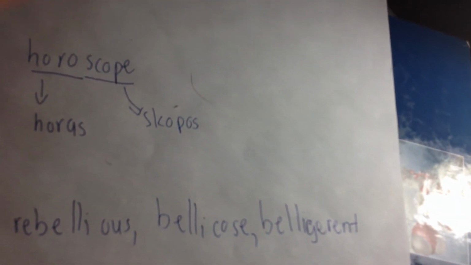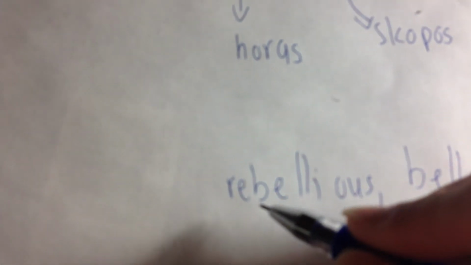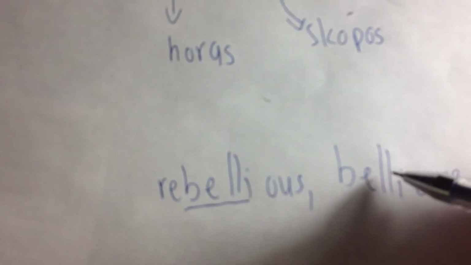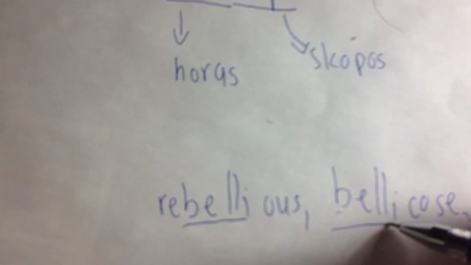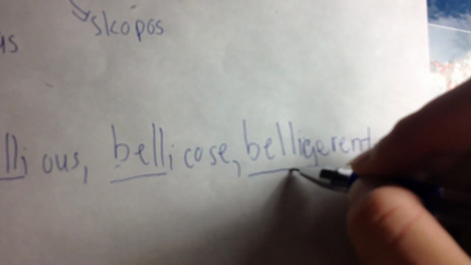The root bell pertains to an aggressive attitude that can cause mayhem. So pay attention to this root, bell. Thus, rebellious, bellicose, and belligerent indicate a warlike person.